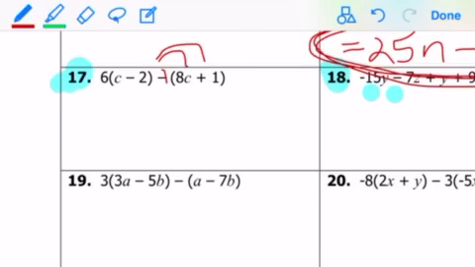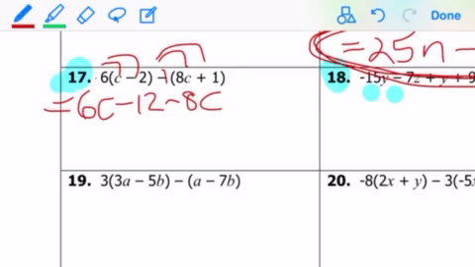Okay, but the front group still has 6 to distribute. So you got to distribute twice here. Okay, and we'll do all of that in one step. So 6 times C is 6C. 6 times negative 2 is negative 12 or minus 12. And then negative 1 times 8C is negative 8C now. And negative 1 times positive 1 is negative 1.